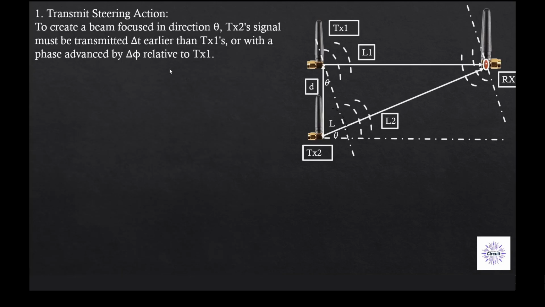So yes, as I mentioned, basically the idea is we want to create a beam in the direction that we are interested in, by changing the phase relationship of the antennas so that the waves at the receiver, at the point that we are interested in, add constructively.